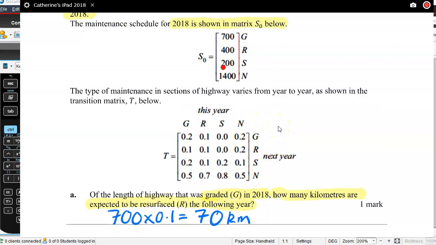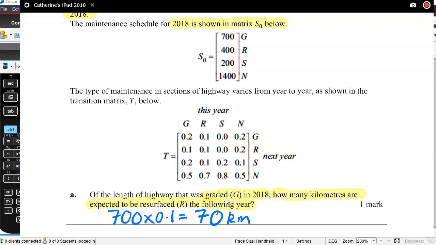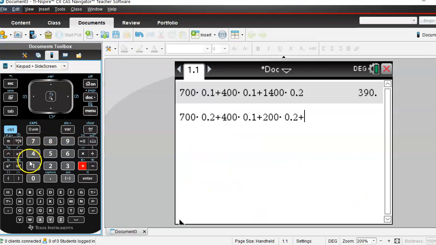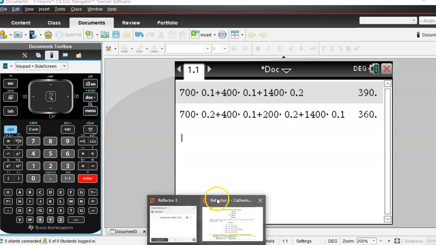Of the sealed, 200, 20% are going to be sealed. And of the no maintenance, 1400, 10% are going to be sealed. 360.